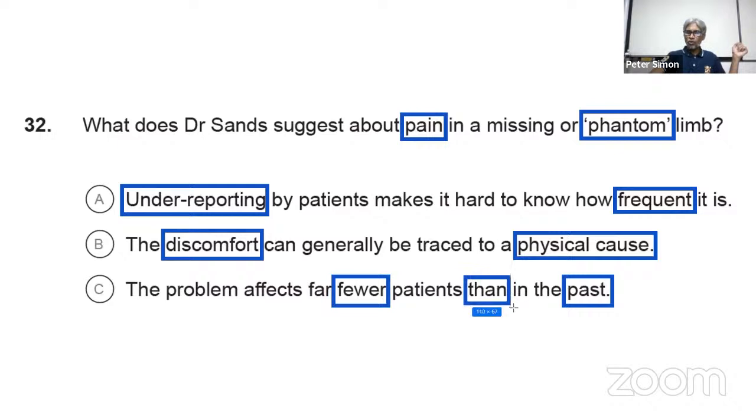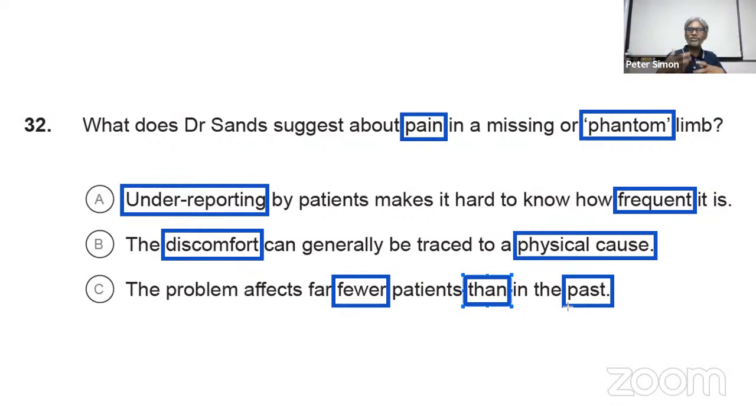Earlier there were more. After "than" is the past, and before "than" is the present. Fewer than the present means more than the past. Now, in the present, fewer. In the past, more. Try to understand this.